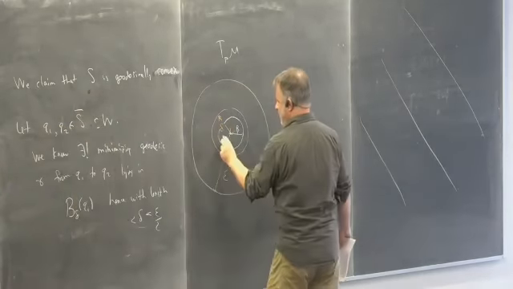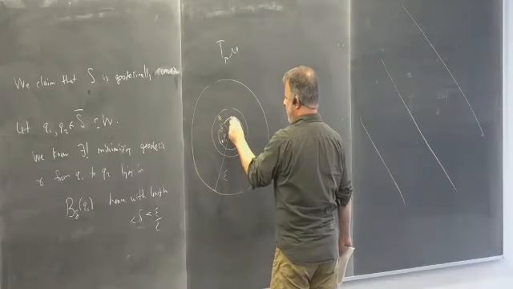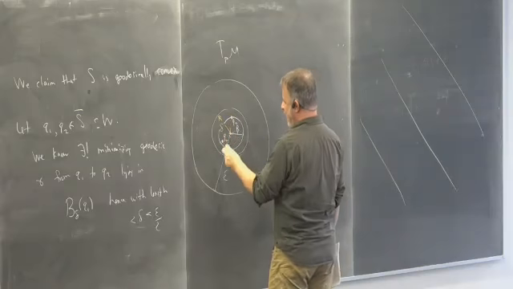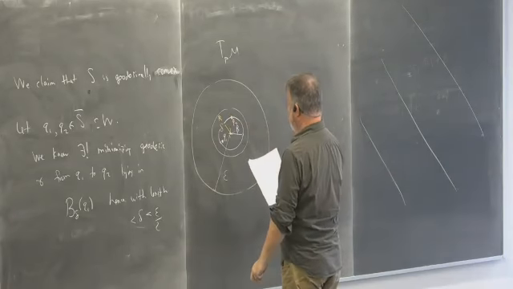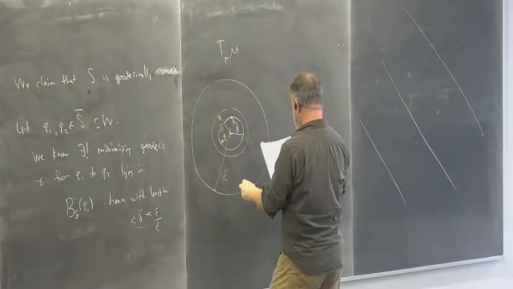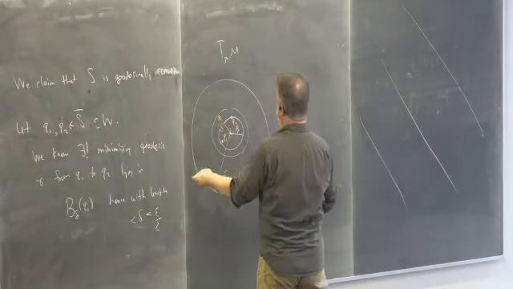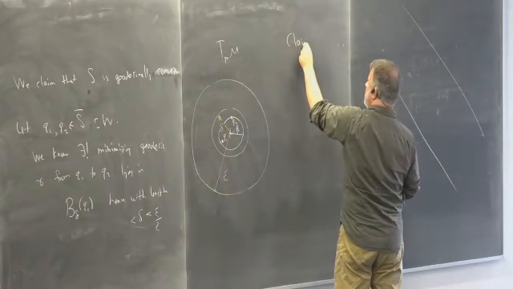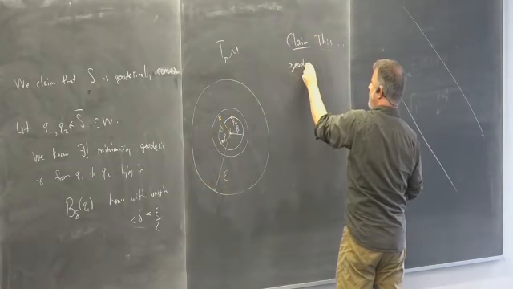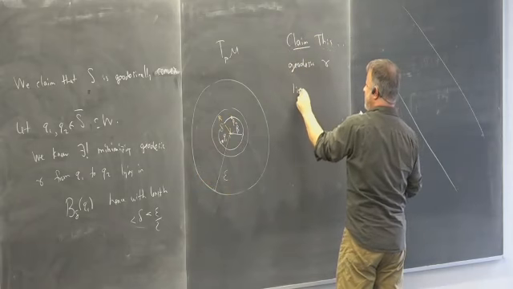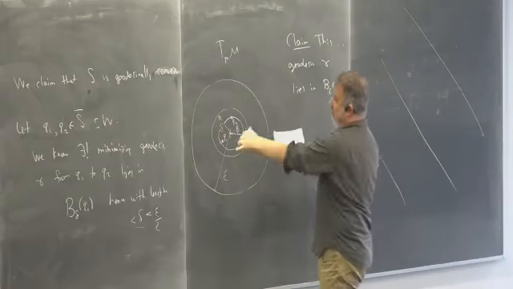And I know that there exists some geodesic joining these two. I claim this geodesic gamma lies in B epsilon of P, inside this green ball.